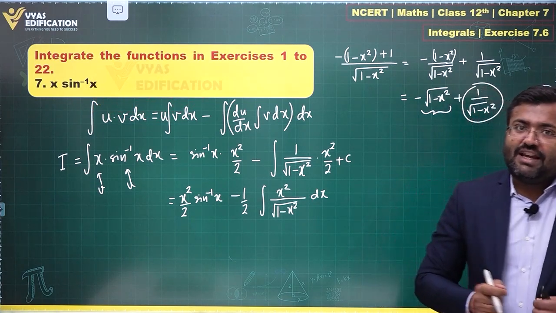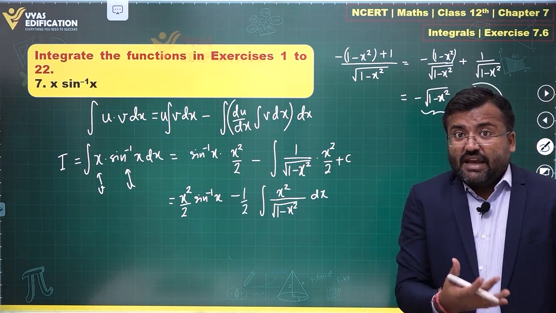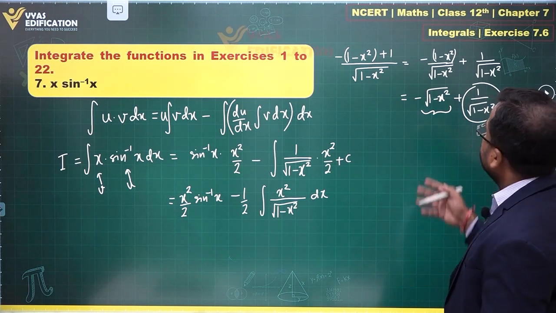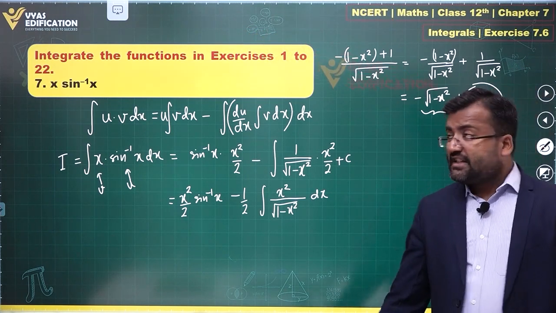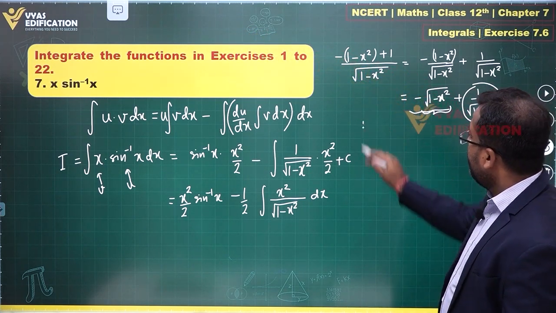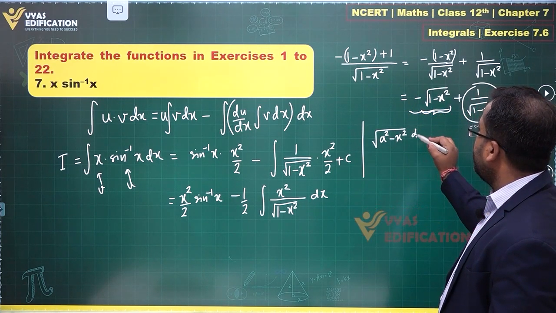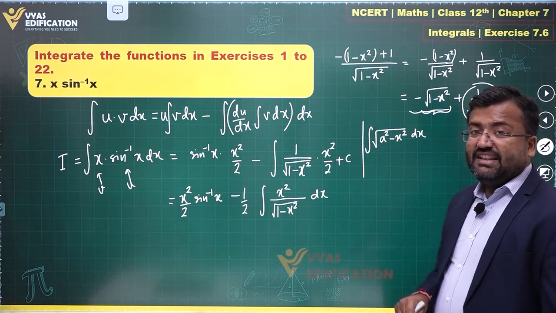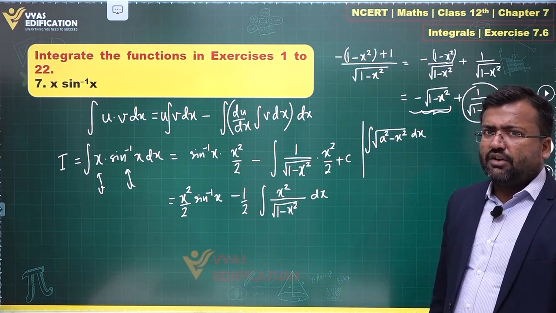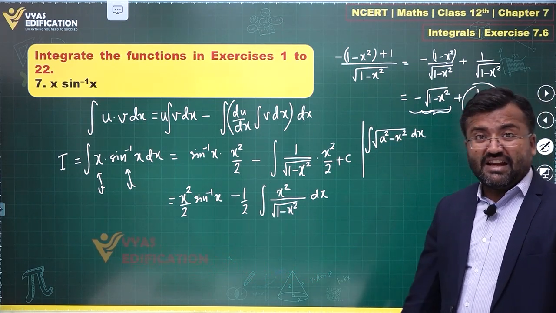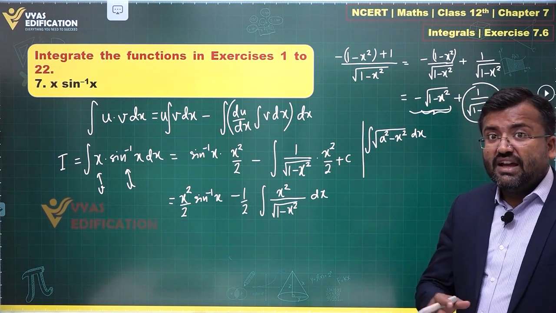Now, this particular thing, by the way, can be found easily, but this is exercise 7.6, right? Such expressions of the form under root of a square minus x square dx have not been covered up till now, and will be covered in the next exercise, as you can see in the NCERT.